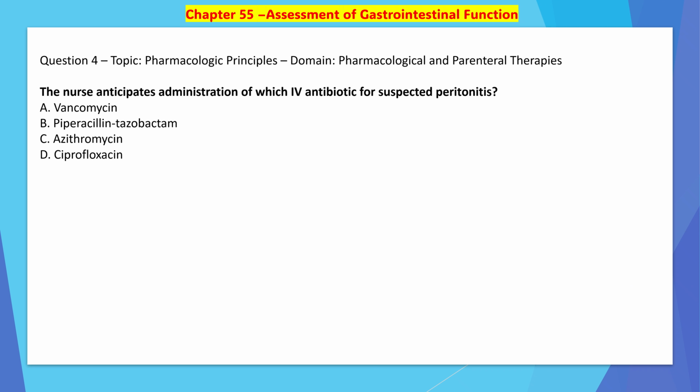Question 4. Domain: pharmacological and parenteral therapies. The nurse anticipates administration of which antibiotic for suspected peritonitis? Vancomycin, piperacillin-tazobactam, azithromycin, ciprofloxacin.